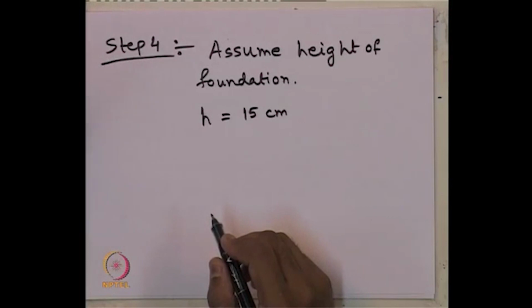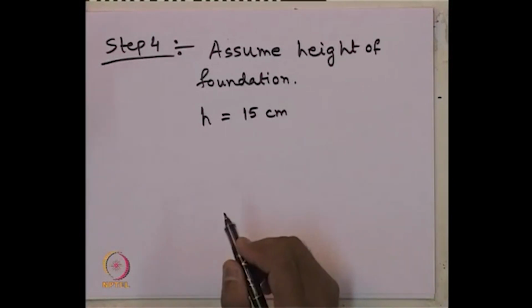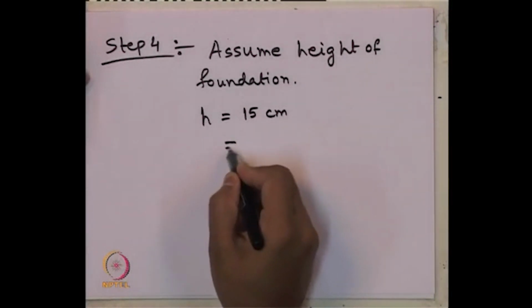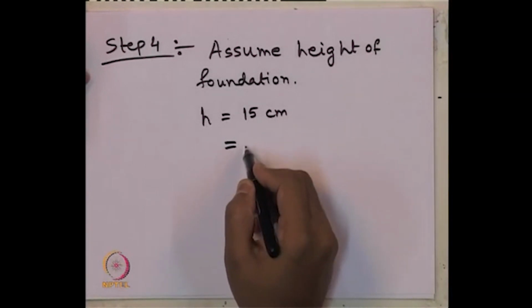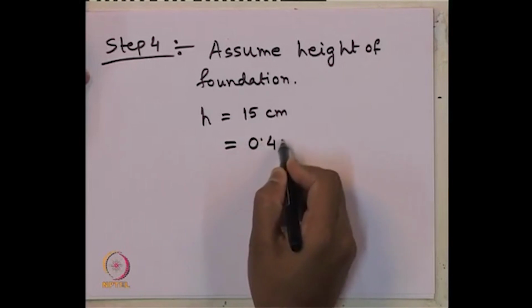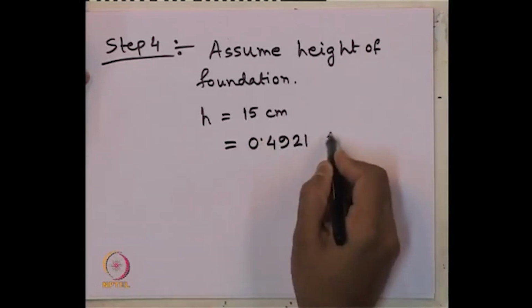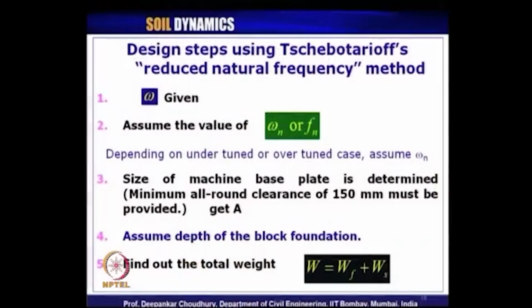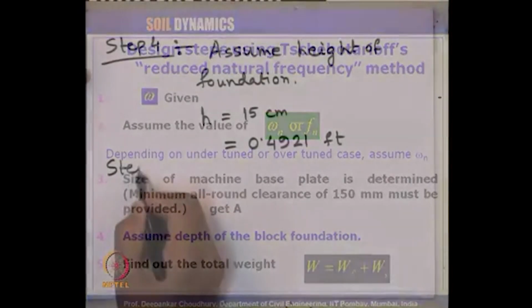Thickness of the footing or thickness of the foundation 150 mm. Let us convert it to FPS unit of feet: 0.4921 feet.